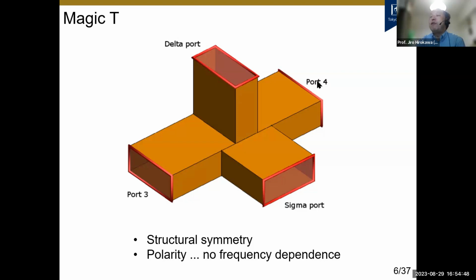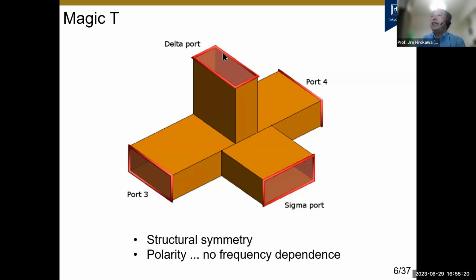Magic T is a combination of an H-plane dividing T junction and an E-plane dividing T junction. The sigma side is the H-plane division, so to port 3 and port 4 we have in-phase power dividing.